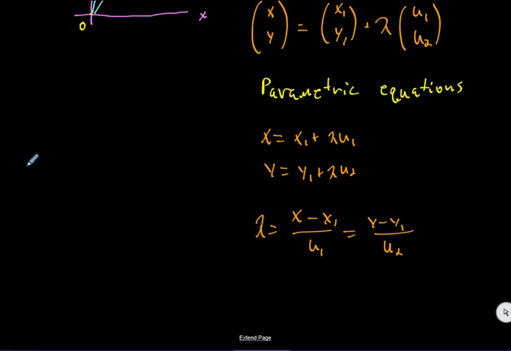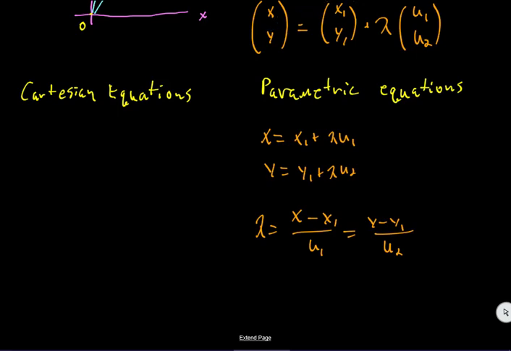And then finally, what we call Cartesian equations. Cartesian equations are basically the equations that we've always dealt with for lines, so slope-intercept form, point-slope form.